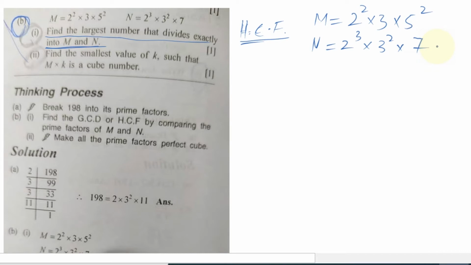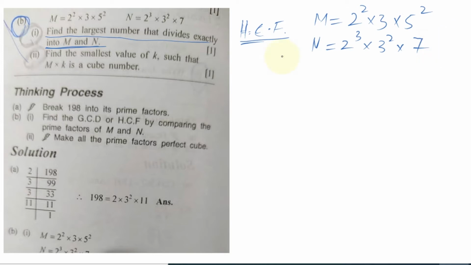If the numbers are given in this format, as a product of their prime numbers, and the prime numbers are written in power form as 2 raised to power 2 times 3 times 5 square, then 2 cube times 3 square and times 7.